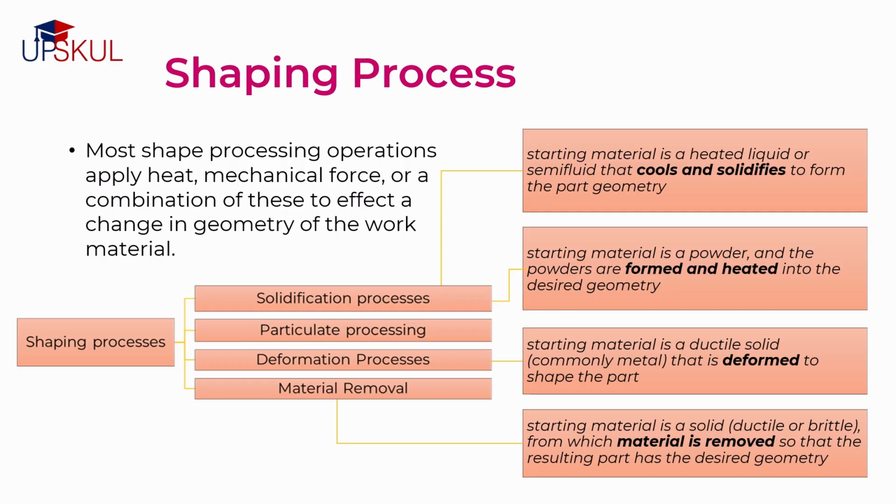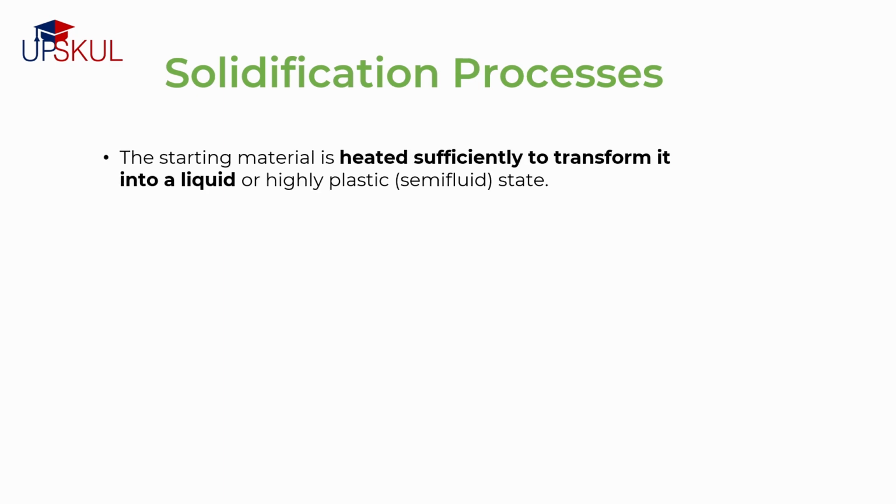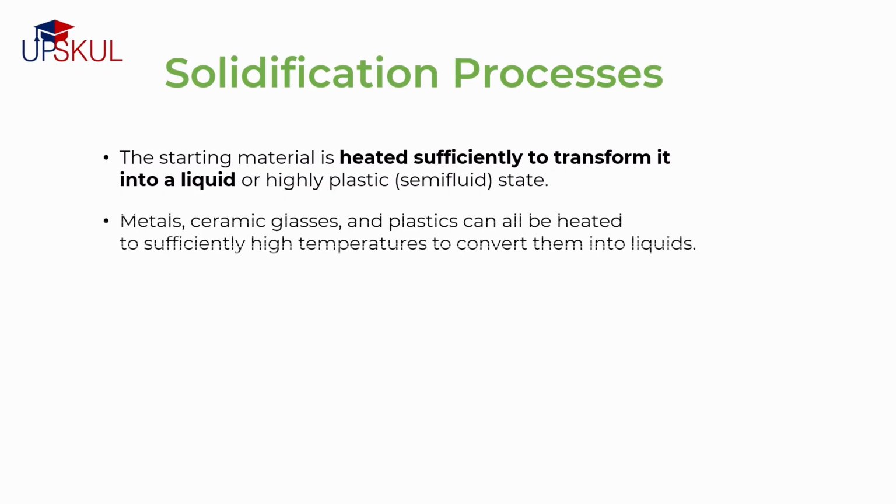In solidification process, the starting material is heated significantly to transform into a liquid or highly plastic state. Nearly all materials can be processed this way. Metals, ceramic glasses, and plastics can all be heated to significantly high temperatures to convert them into liquid.